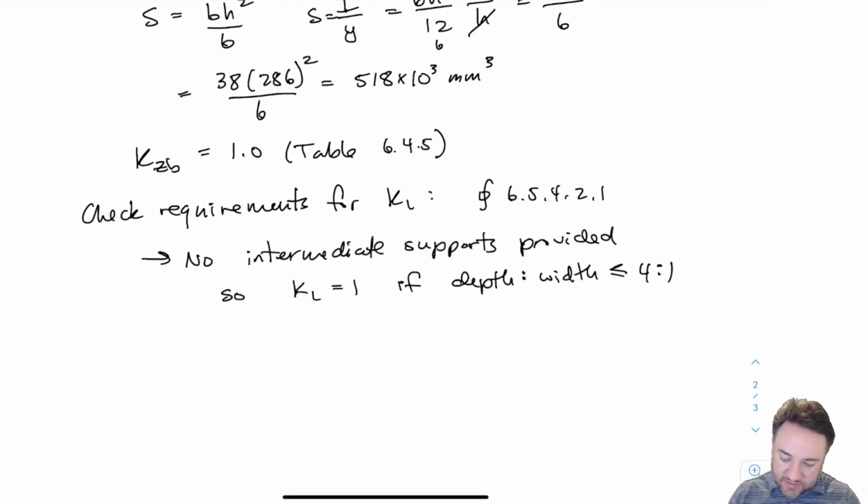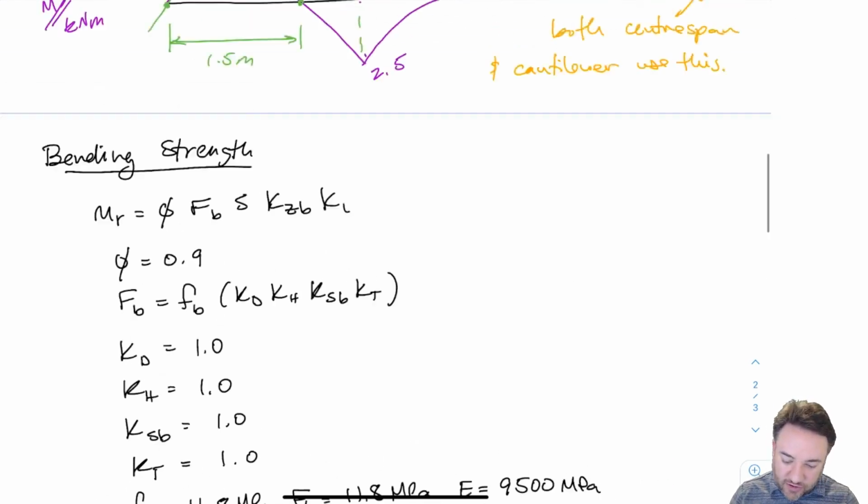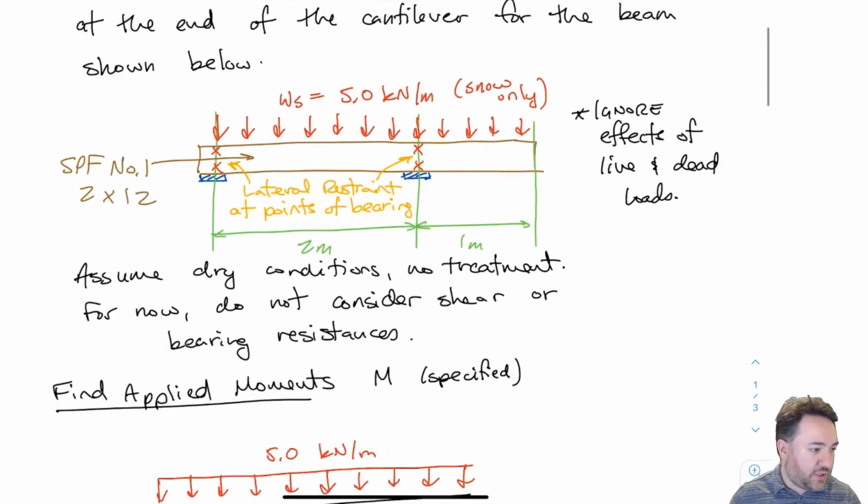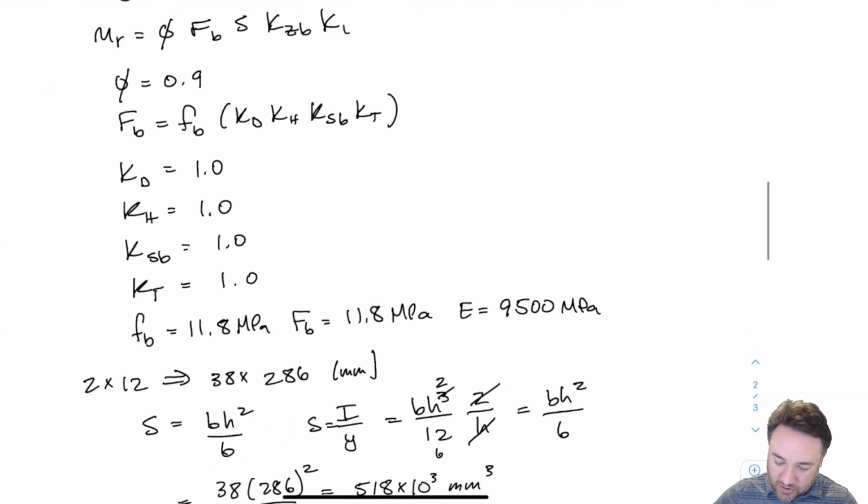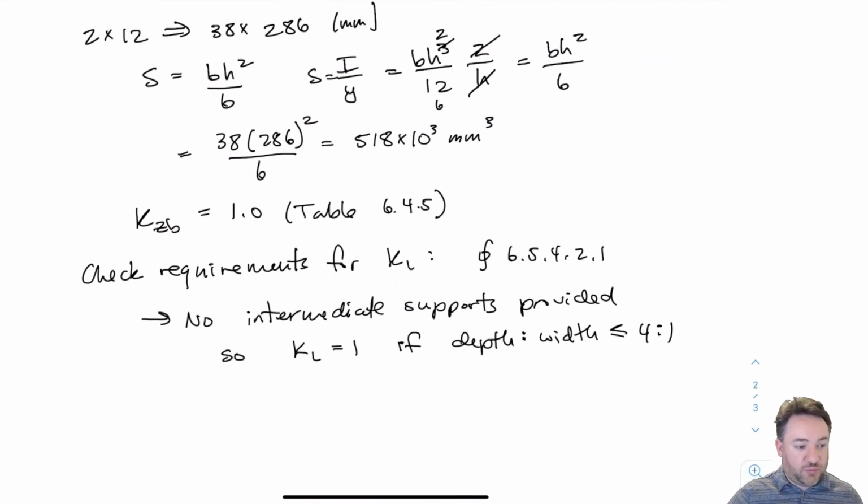So in this case, as we discussed before, there are no intermediate supports provided. I only have lateral restraints at the point of bearing. So if you recall back, if we look at clause 6.5.4.2.1, in there it gives all those categories A through E, and one with no intermediate supports is category A, and that one has a requirement of depth to width ratio of 4:1 if we want to consider automatically that KL equals 1.